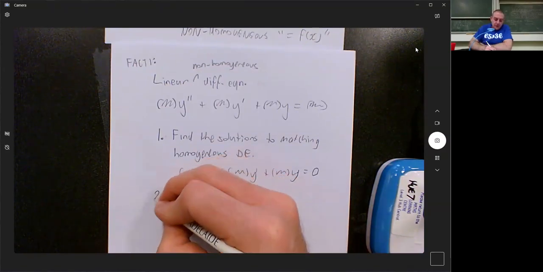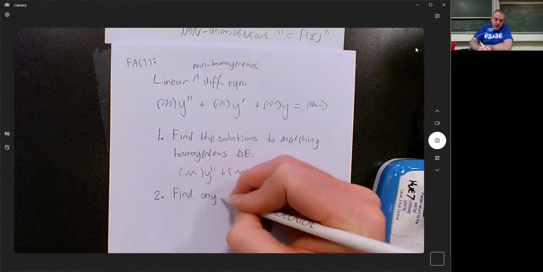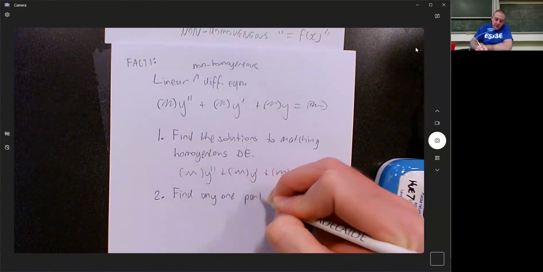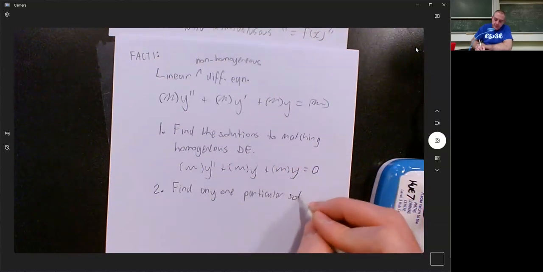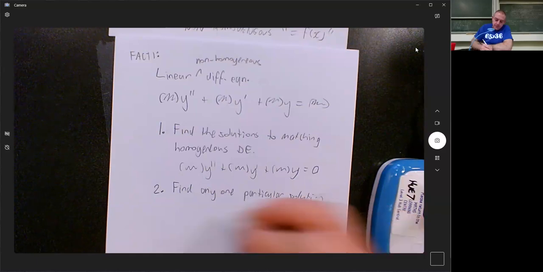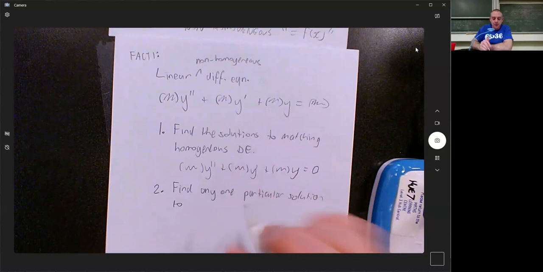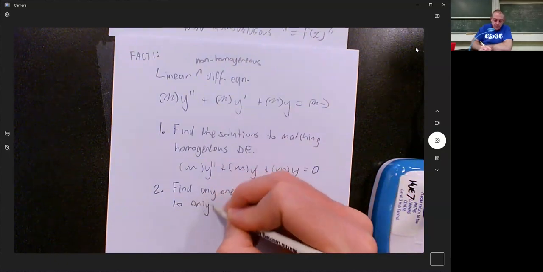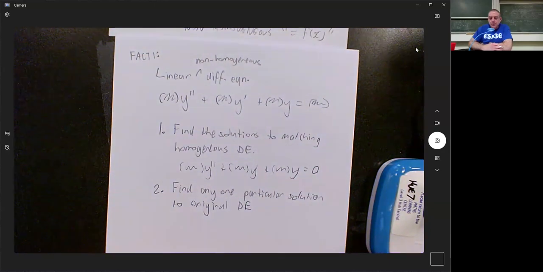And then step 2 is find any one particular solution to the original one, the one before you made it equal to 0. And then add them together.